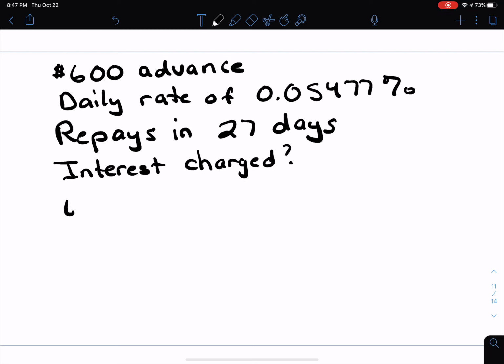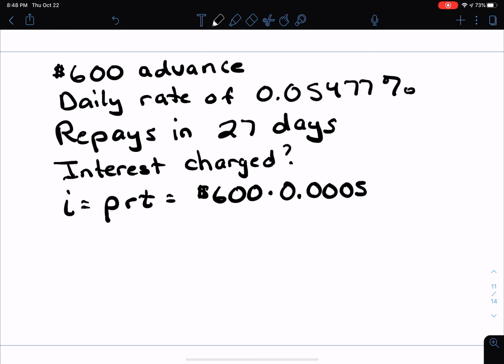So use I equals PRT. The $600 is the principal. That's the cash advance. Since the rate is in days and the repayment time is in days, we can just use what we've got there. So we rewrite that percent in its decimal form by moving the decimal 2 places to the left. So 0.0005477. I have to be extra careful of my zeros there.